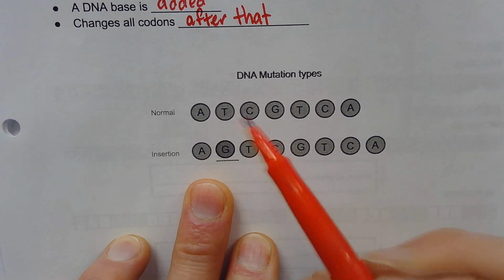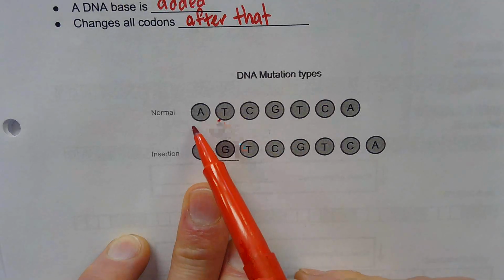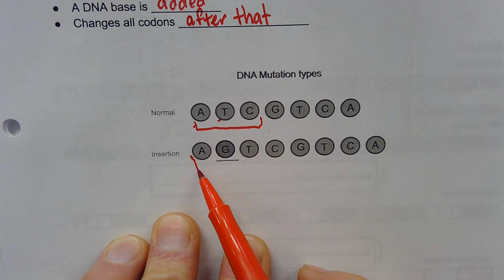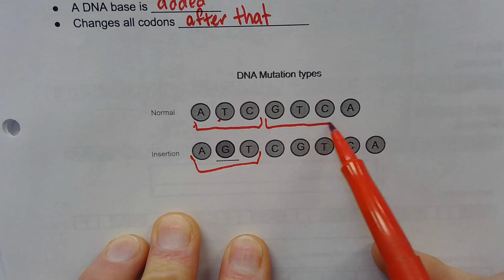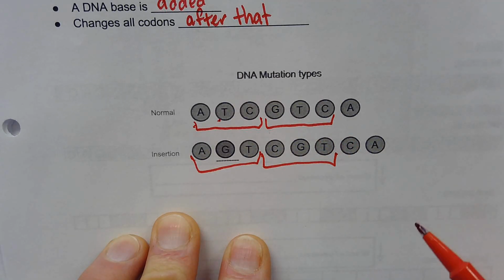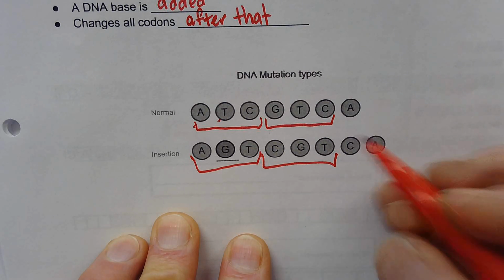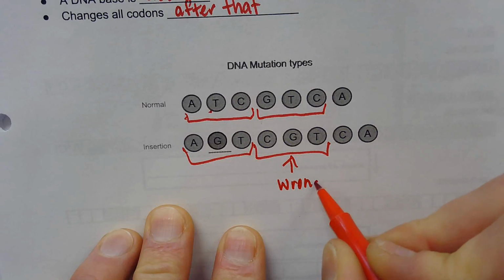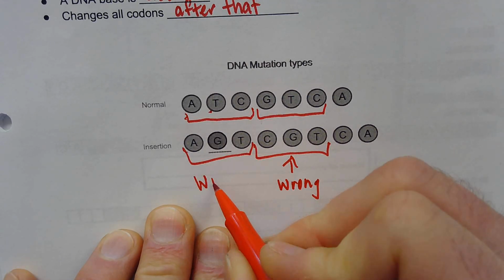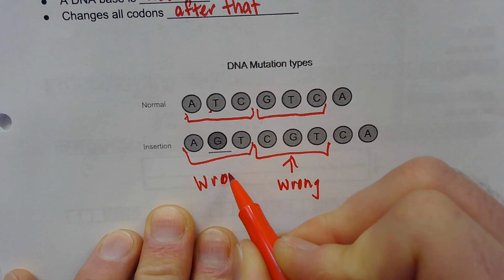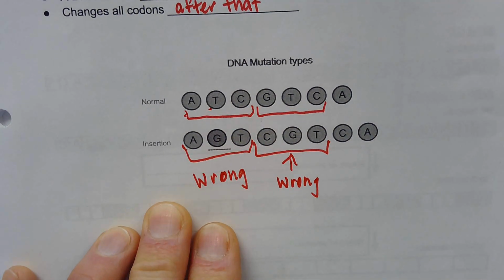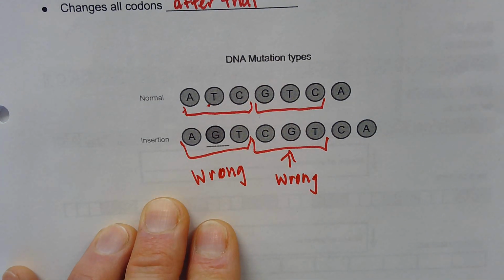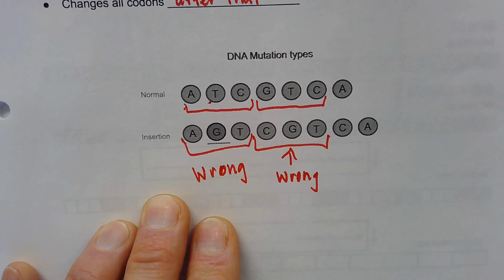So we still have this changed, which means this changes. And then we have an extra base pair. And because it's the start codon, it means it won't even create the amino acid.